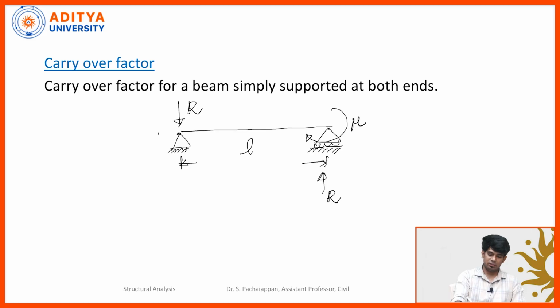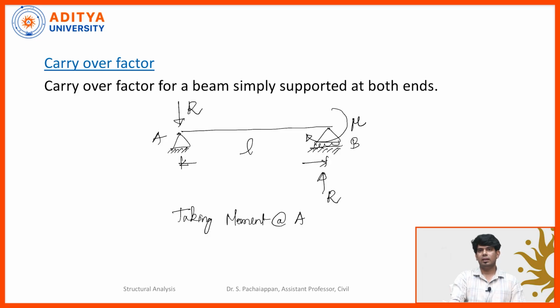As usual, this is support A and this is support B. I am taking moment at support A, and I am going to equate the clockwise couple and the anti-clockwise couple.